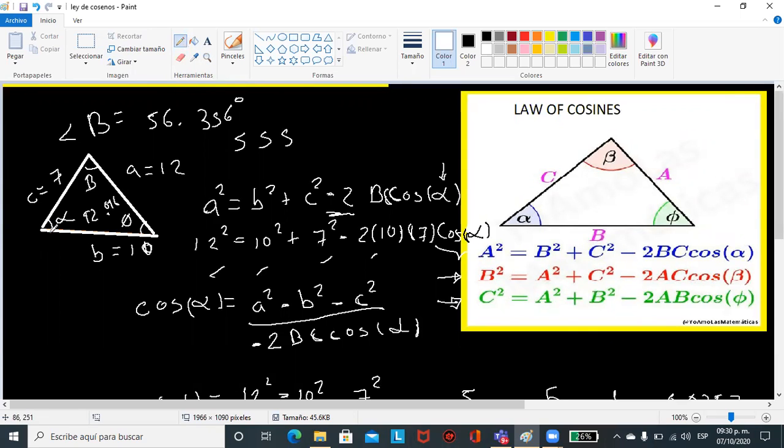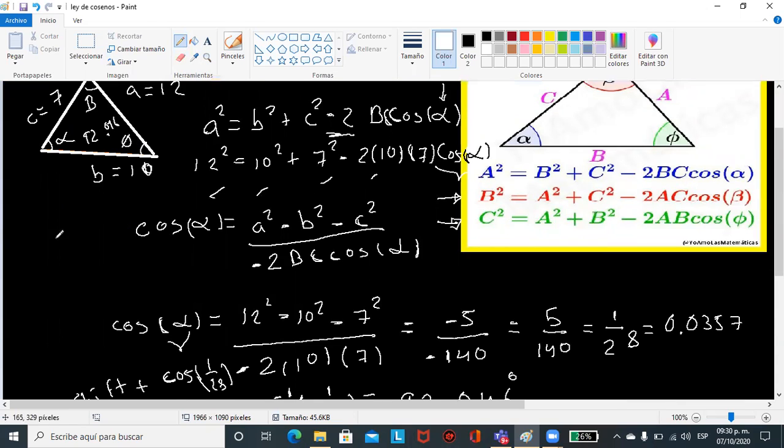So now for the last one, for theta, this one we can just solve using the theorem of the measure of the inner angles. So we have the 180 degrees, that is the sum of all the angles inside the triangle, minus the angle alpha, that is 92.046.